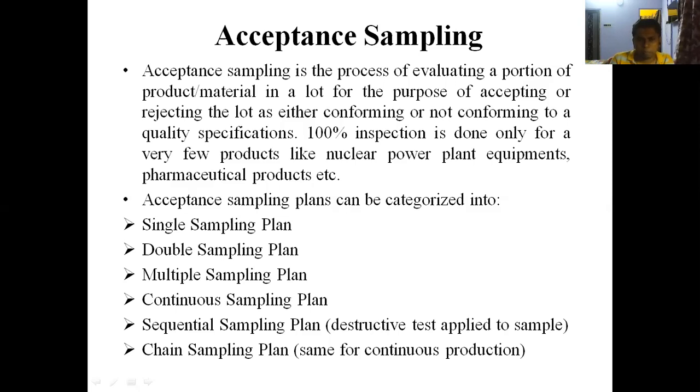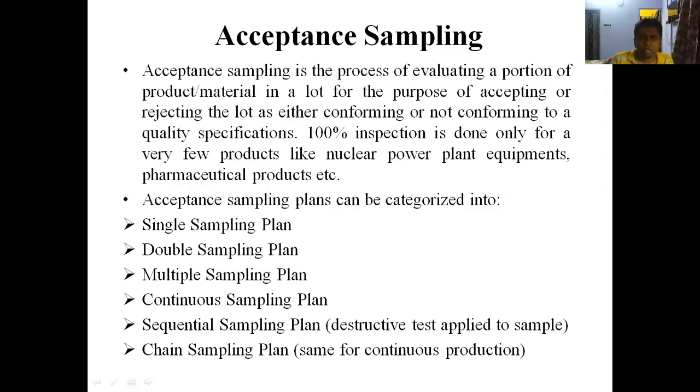This is the case where, when students work in the industry, they need to do the sampling. If they work in the quality control section, then they need to do the sampling based on a single sampling plan or double sampling plan or multiple sampling plan or other different sampling techniques.